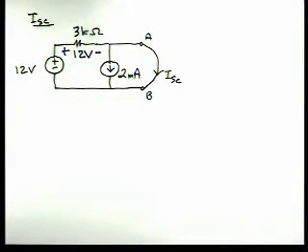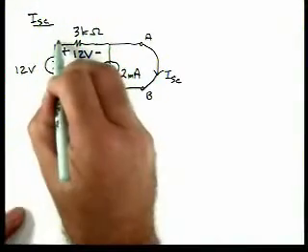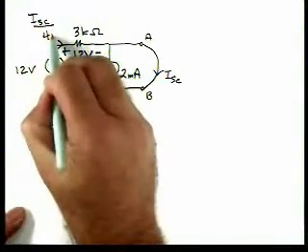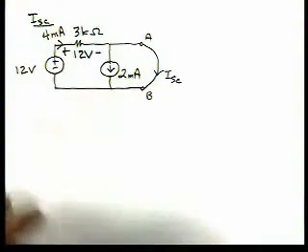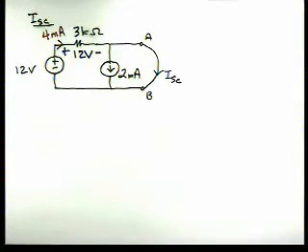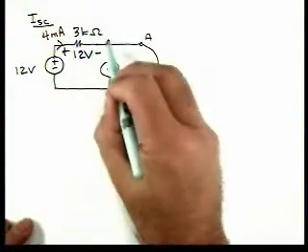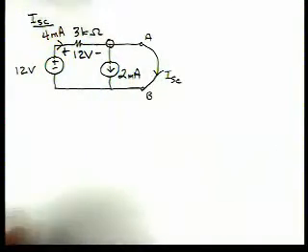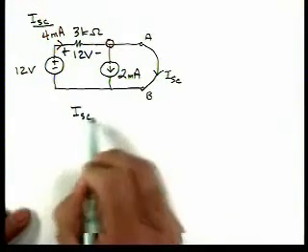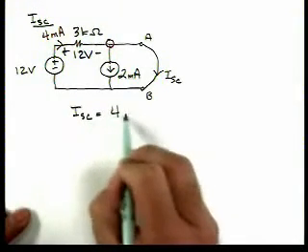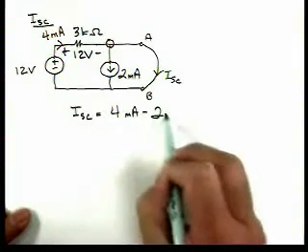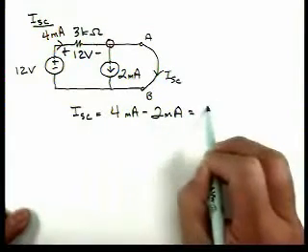So by Ohm's law, the current flowing through this resistor is 4 milliamps. And then if we apply Kirchhoff's current law here, then the short circuit current is 4 milliamps minus 2 milliamps, equal to 2 milliamps.